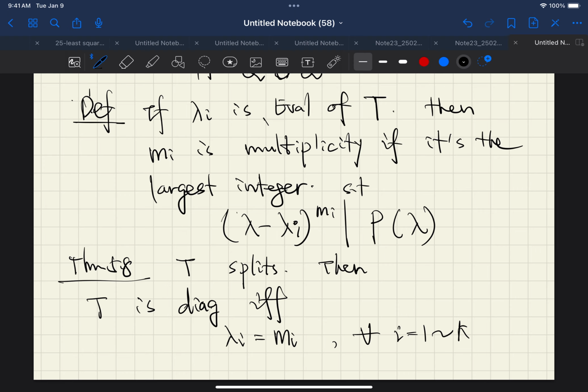So here the lambda i and m_i are all available eigenvalues and their multiplicities. Oh no, it's not exact. Sorry. Maybe we can talk about this later. The dimension of the eigenspace. Dimension of the eigenspace. We stop here.